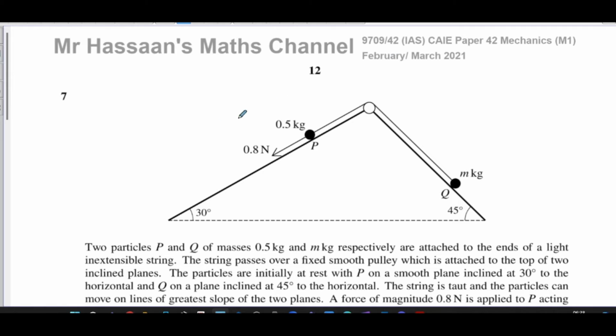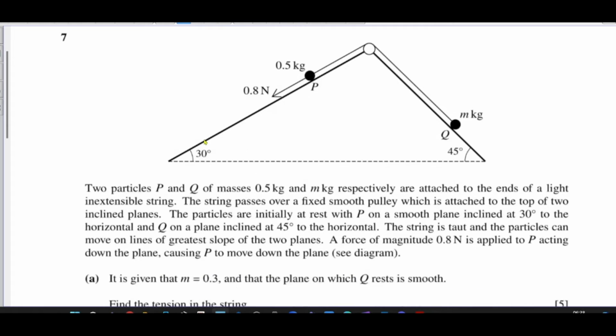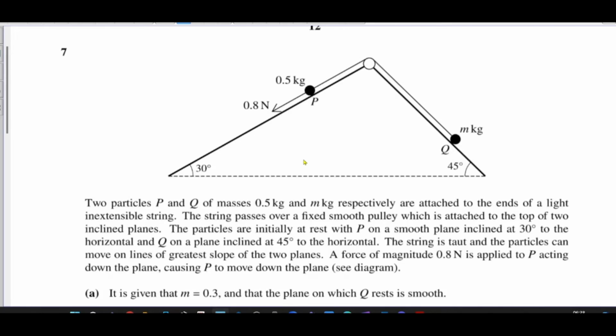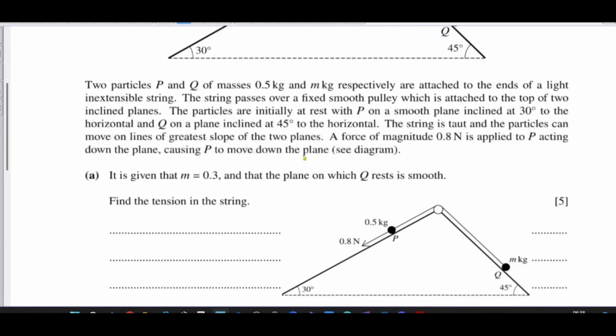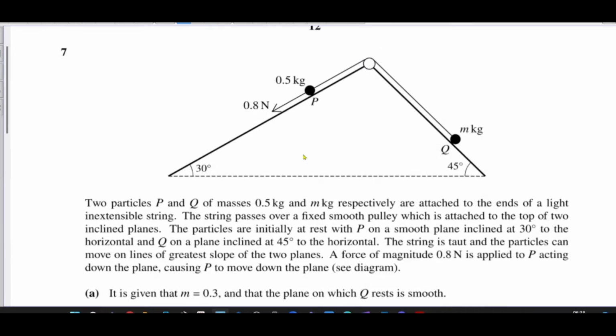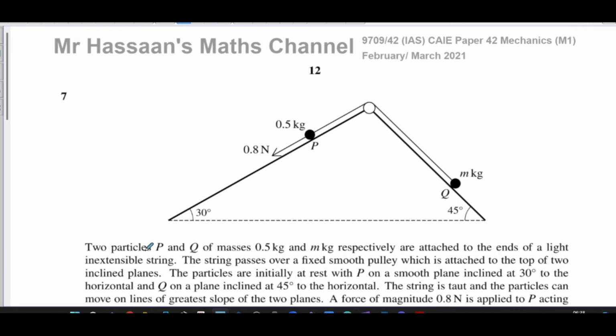And this question here is a question about these inclined planes. So part A of this question is dealing with basically some dynamics. It says two particles, P and Q, of mass 0.5 and m kilograms respectively, are attached to the ends of a light, inextensible string.